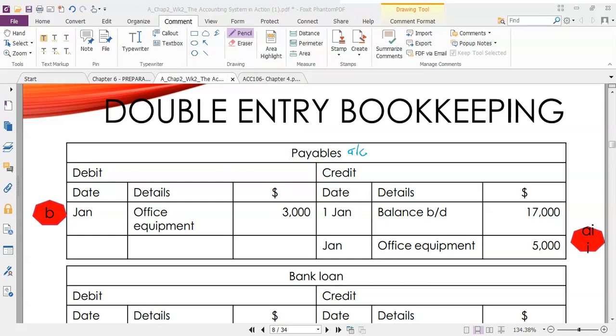Michelle, hi. Payables account is under what element? Asset, liability, capital. What element?